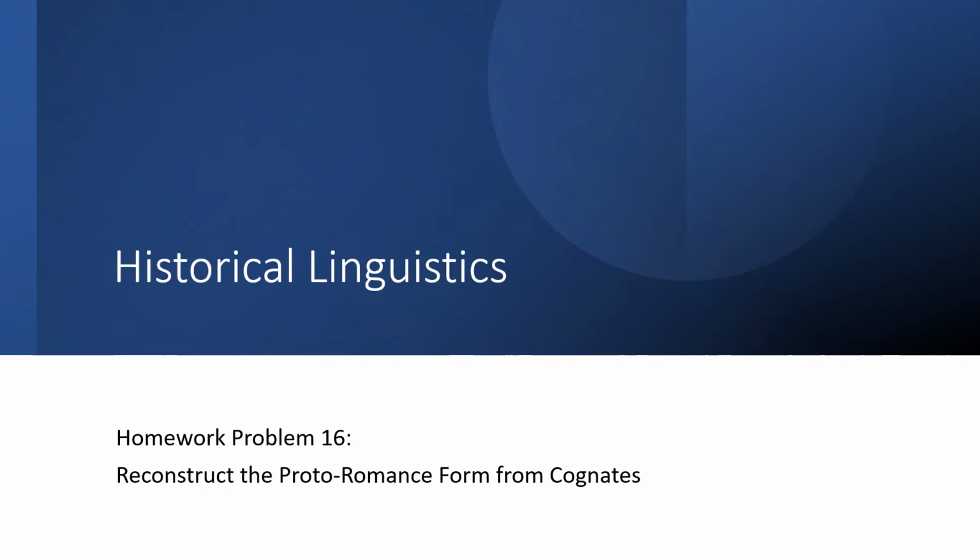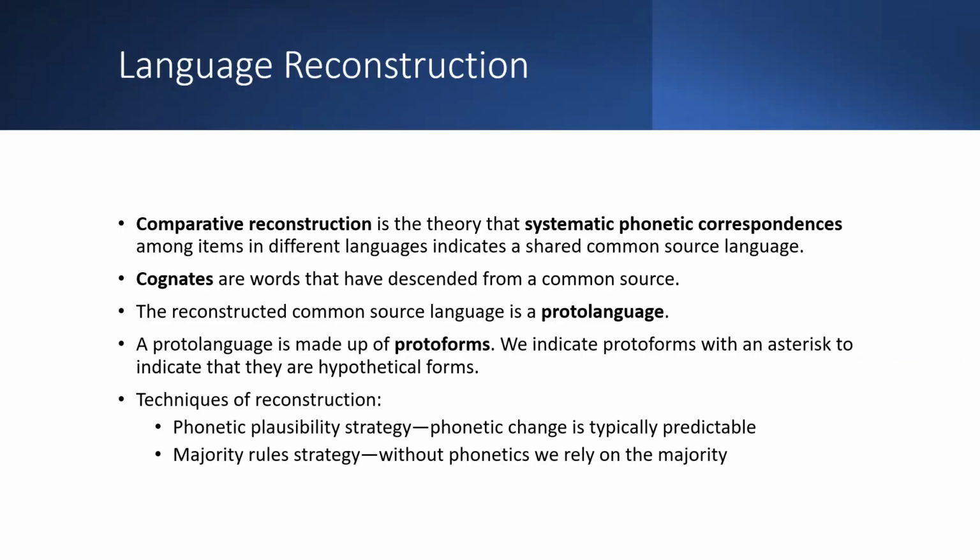in homework problem 16. So first, the theory of language reconstruction basically says through comparative reconstruction, that which is systematic phonetic correspondences. In other words, we can look at phonetic similarities across languages to identify languages that are similar, and those languages that are systematically correspondent or share a lot of similarities phonetically must therefore share a common source language.